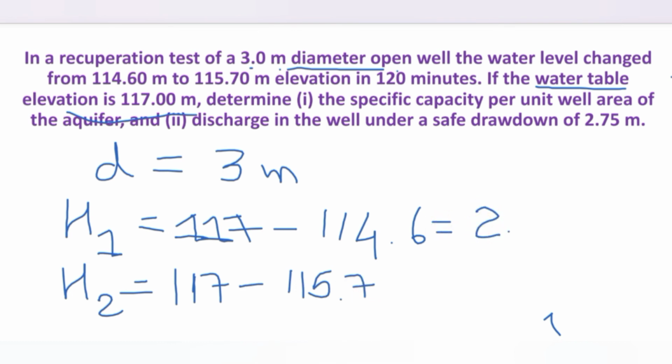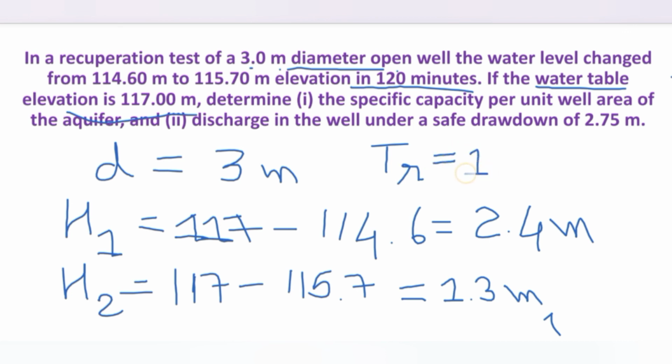So H1 will be equal to 2.4 meter and H2 will be equal to 1.3 meter. Next, it is given as 120 minutes. So Tr is equal to 120 minutes, that is 2 hours.